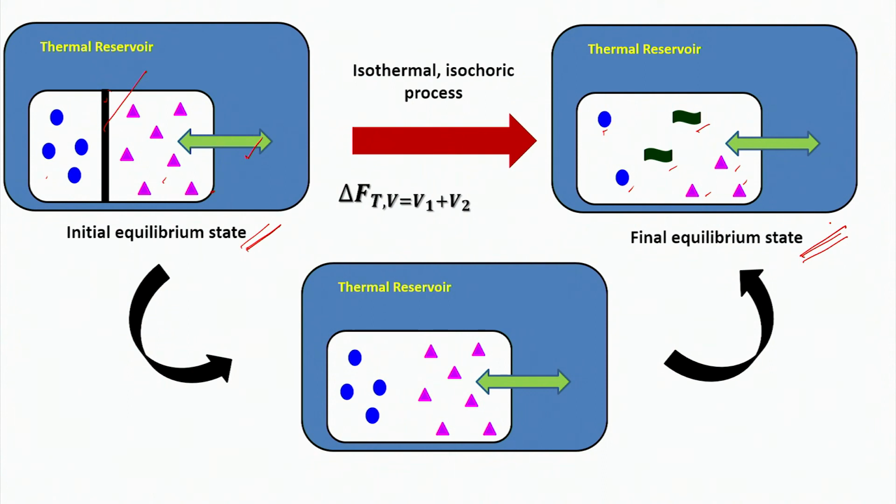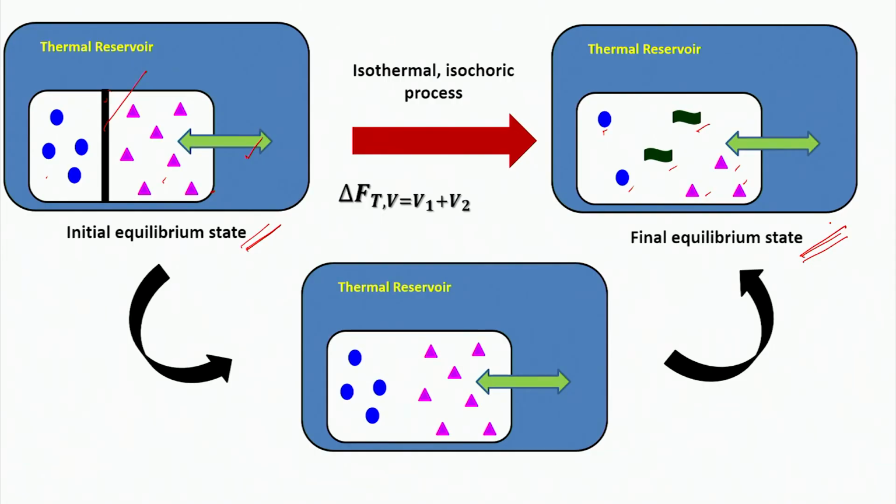And when will the reaction cease? When the chemical equilibrium is established. And that is the condition where the free energy under the given conditions would have reached an equilibrium state.